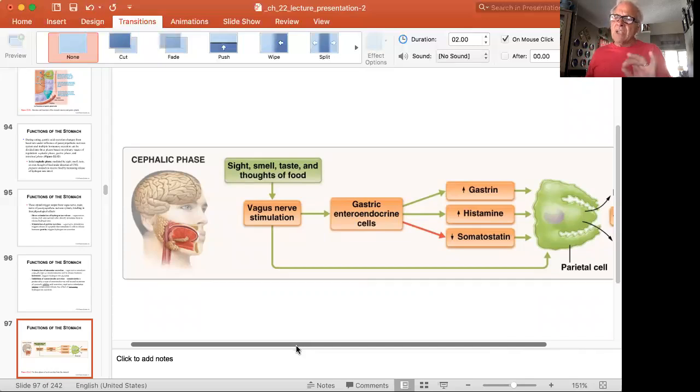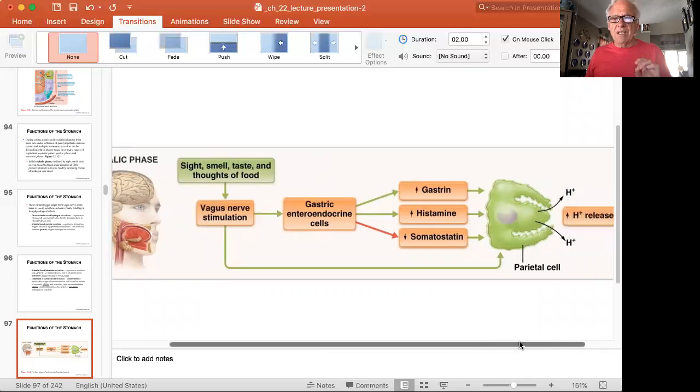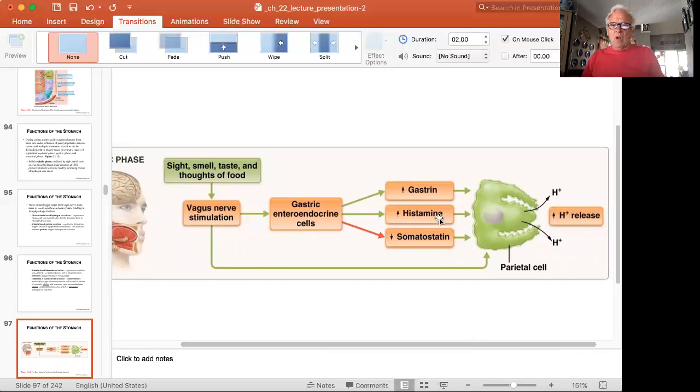Now, the increase in gastrin, the increase of histamine, and the decrease in somatostatin cause a release of the hydrogen ions by the parietal cells. Now, the hydrogen ions are going to convert to hydrochloric acid, and then the pepsinogen released by the chief cells is converted to pepsin by the hydrochloric acid.